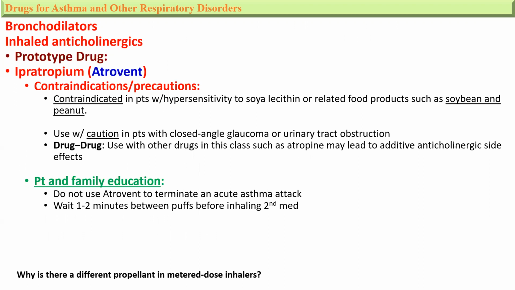Atrovent contraindications and precautions: patients with hypersensitivity to soy lecithin or related food products such as soybean and peanut, because the soy lecithin is used as a propellant in the inhaler.